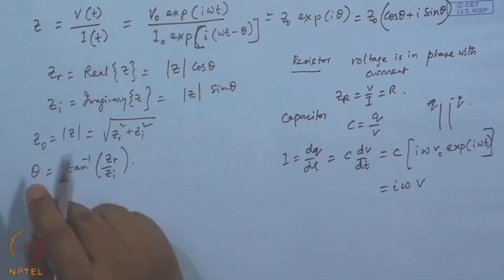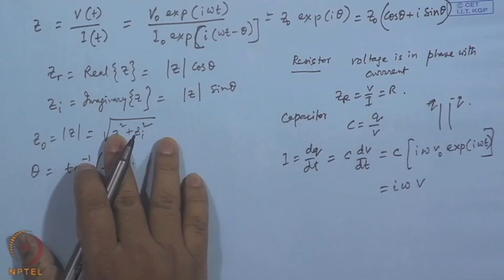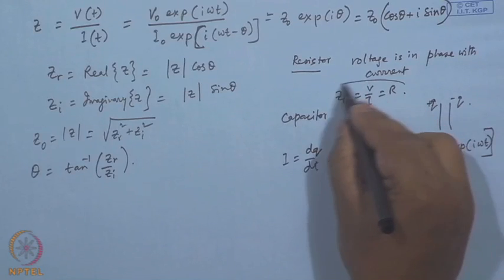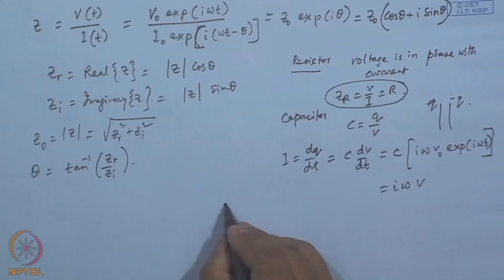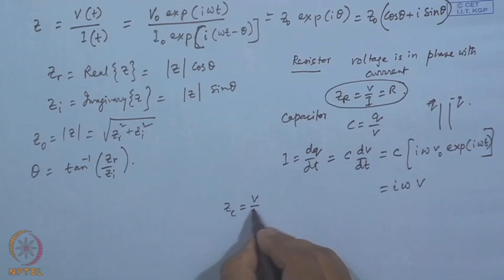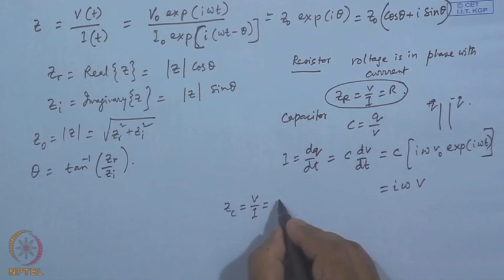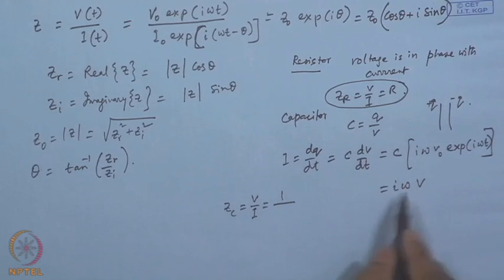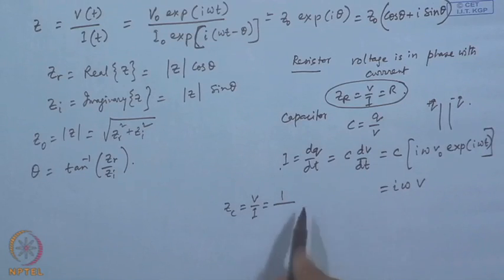Now, I have already defined ZR. By the same token, if somebody defines ZC, which is again V by I, we have I equal to i omega C V, so V by I would be 1 by i omega C. Okay, there was a C here, I forgot.